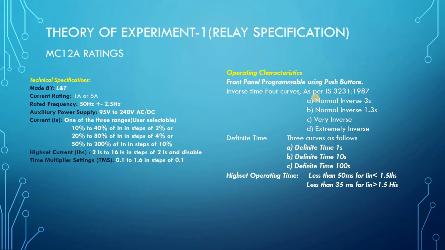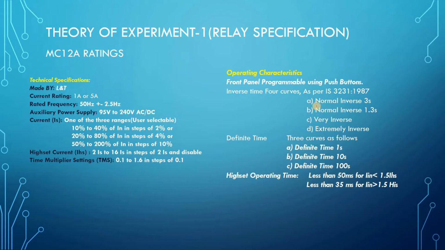You see here, in the inverse type of characteristic, there are 4 types. To get more details of these characteristics, you have to follow the standard IS 3231 1987. If you read this standard, there will be details about all the types of characteristics for the inverse.